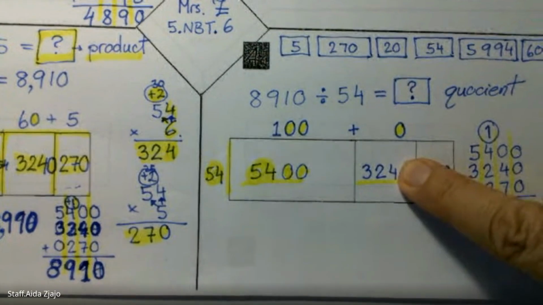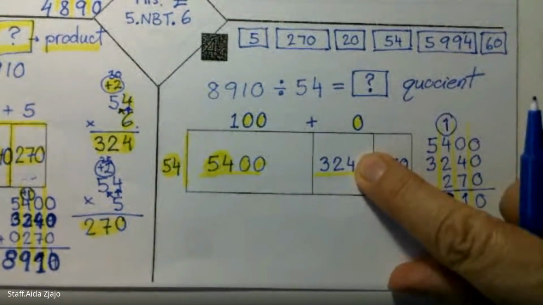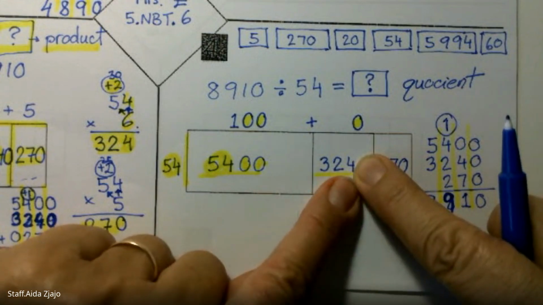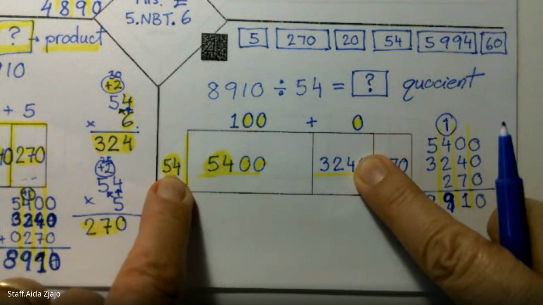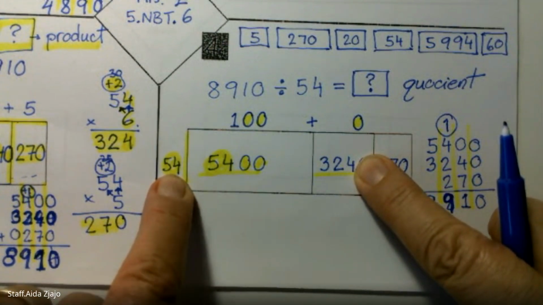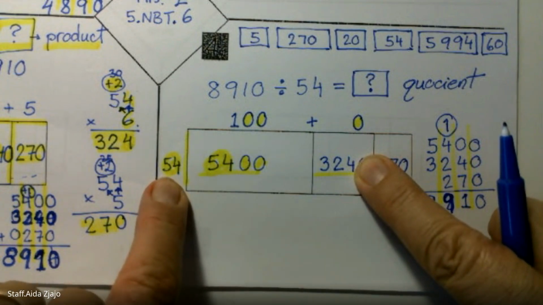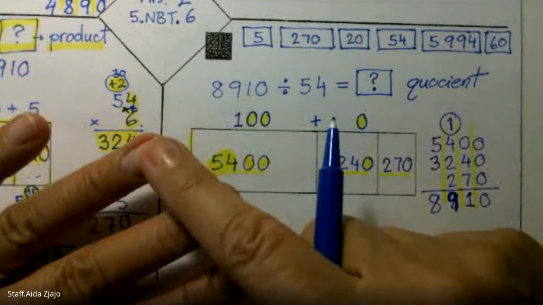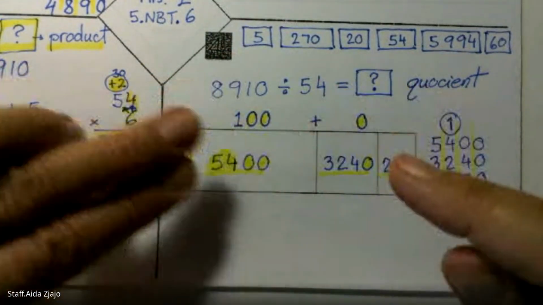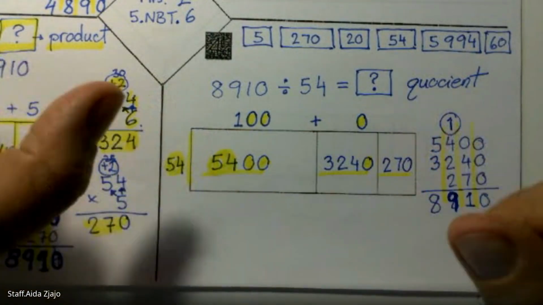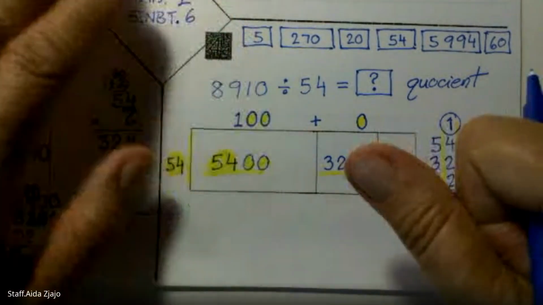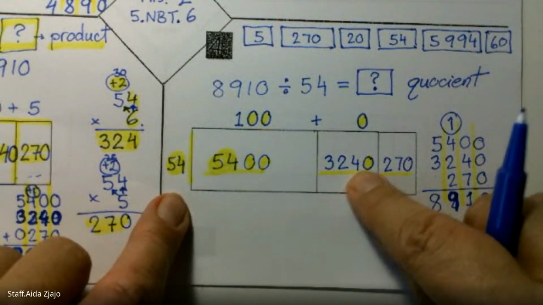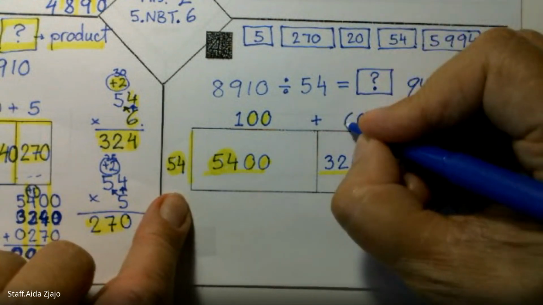You can think logically, how to figure it out without adding 54 until you reach 324. You can round 54. 4 is less than 5, so I can round this to be 50. If I skip count by 50, I can say 50, that's 100, and 50, that is 150, 200, 250, 300. So 6 50s are in 300. And I have 324. So I can guess that this is a 6.